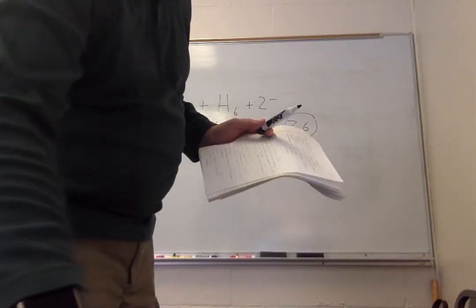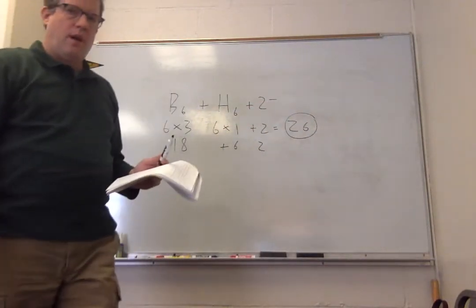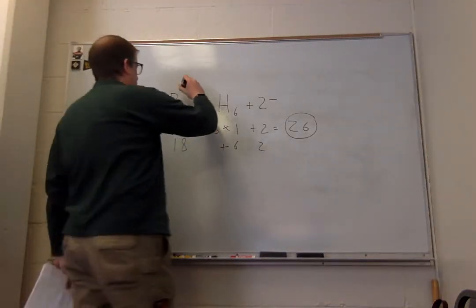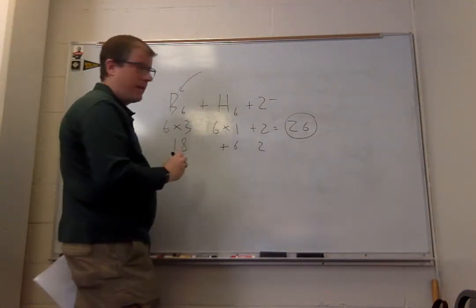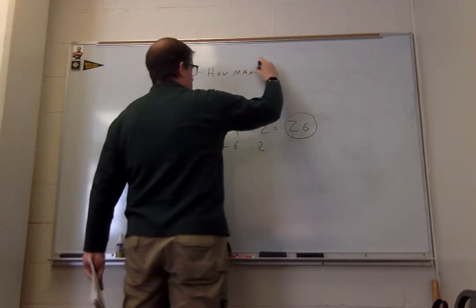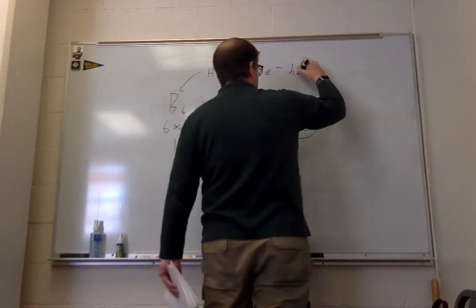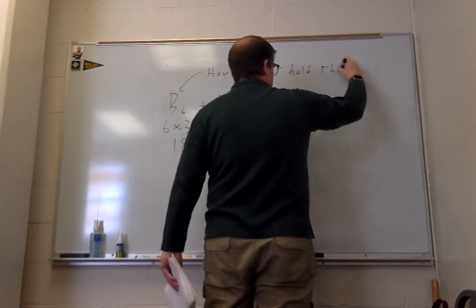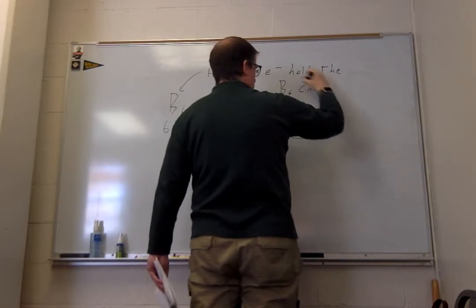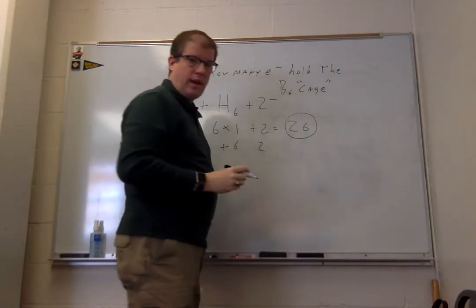What we want to know is how many of those electrons are used to hold that together. How many of these things hold the B6 cage, if you will?